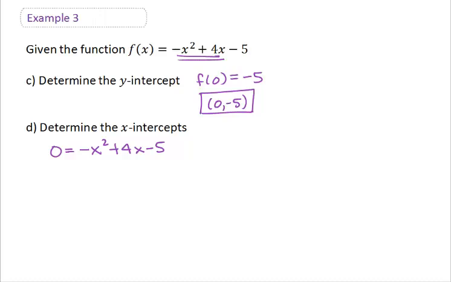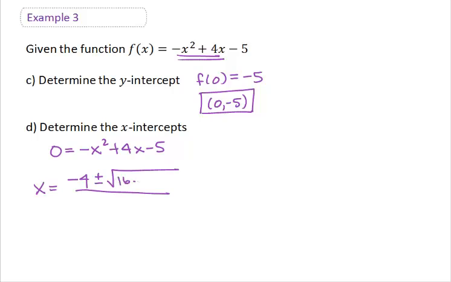The one that I'm going to use is the quadratic formula. So I have x equals negative, my b value of 4, plus or minus the square root of 4 squared, which gives me 16, minus 4 times a times c. Lots of negatives happening there. If I take 4 times a negative 1 times a negative 5, that gives me a 20 here.